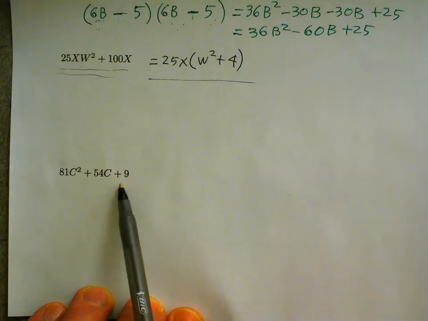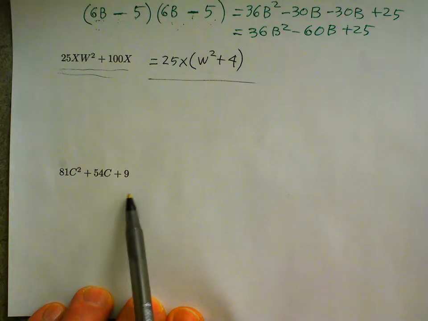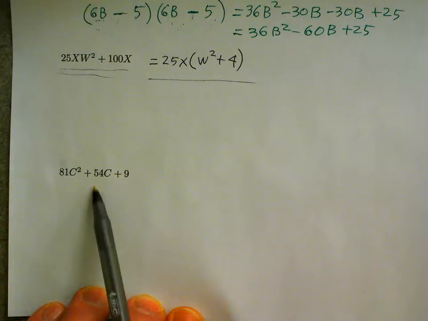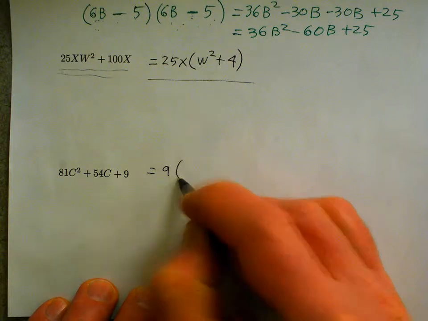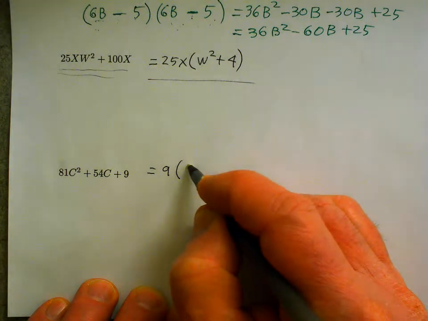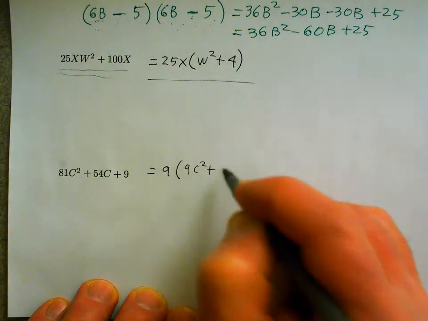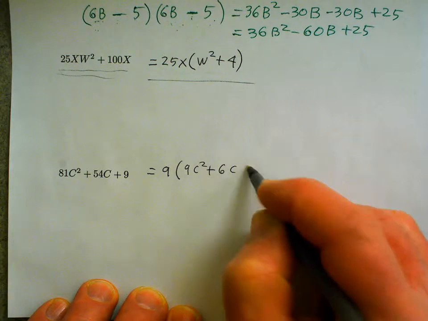How much? 3. There's a bigger factor than 3 that's common. 9. Yeah, 9. So factor 9 out, and we get 9 times the quantity 9c squared plus 6c plus 1.